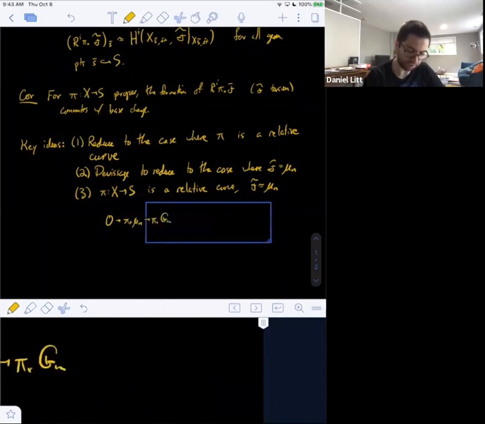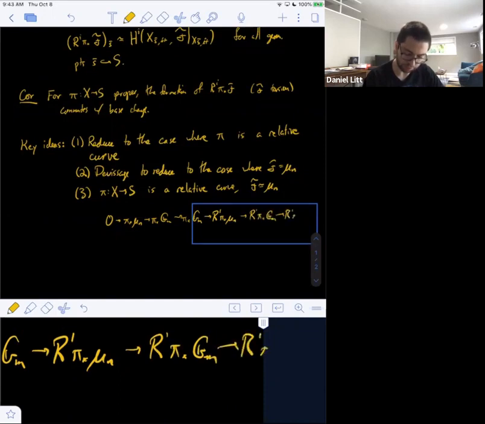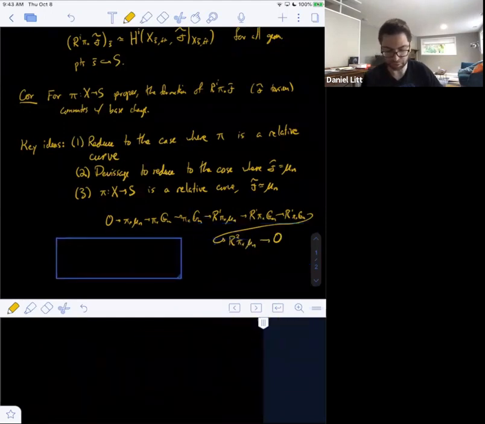Here I'm just applying the long exact sequence of derived functors to the Kummer sequence, and we get R^1 π_* μ_n. And then we get R^1 π_* G_m, and finally, we get R^2 π_* μ_n. Okay, and then it's not totally trivial, but we get 0 after that.